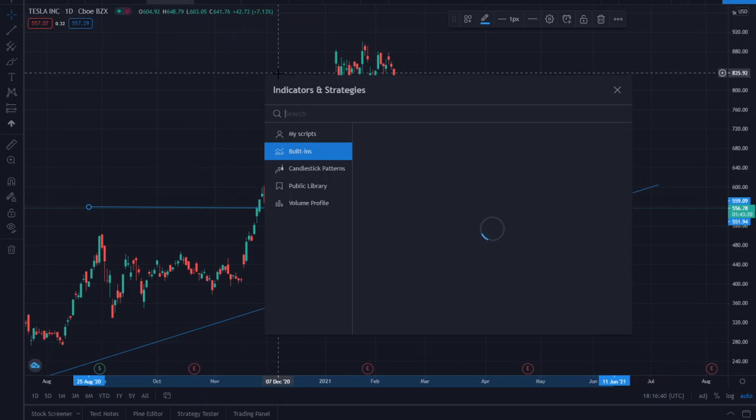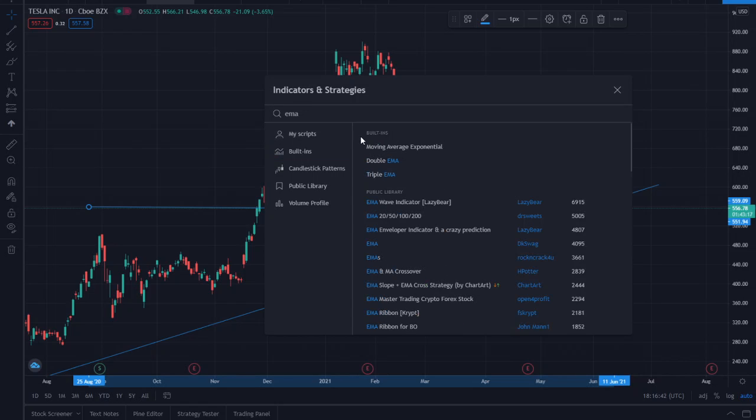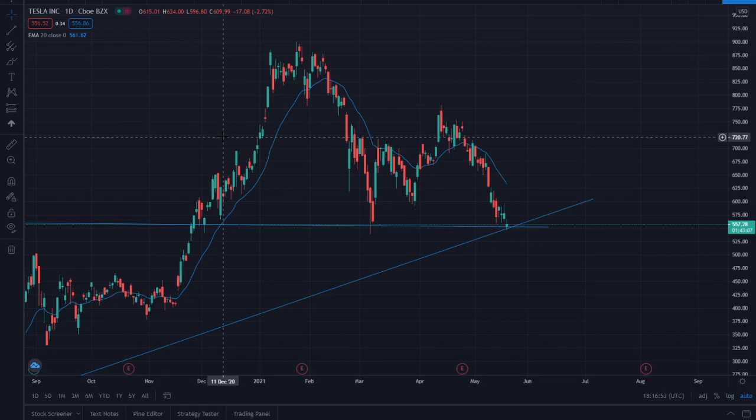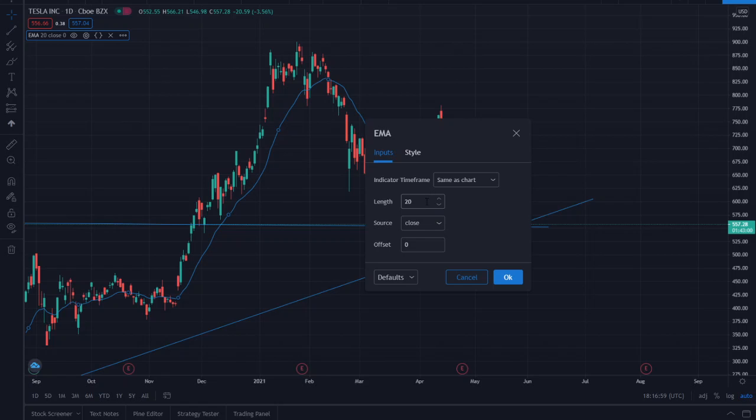Now, if we add some indicators, let's check the EMA. Sorry, let's check the 200-day EMA.